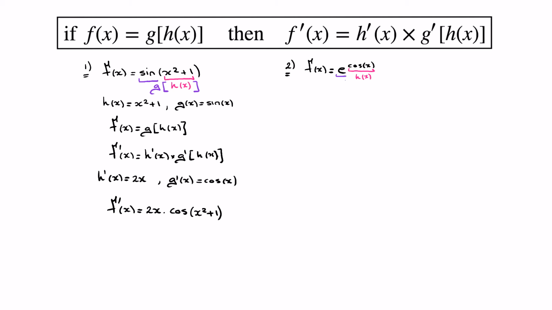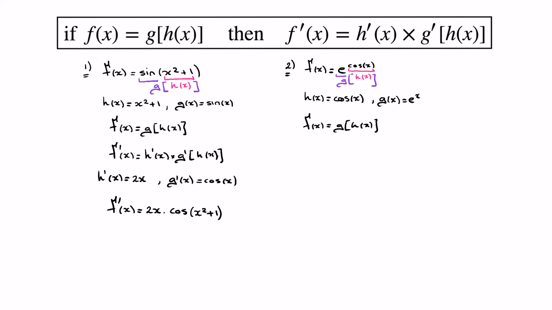And so we can write g of h of x. So we've defined h of x as being equal to cosine of x, and g of x as e to the x. Now that we've done this, we can rewrite our function f of x as f of x equals g of h of x.